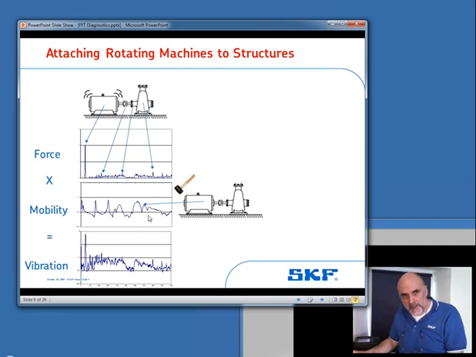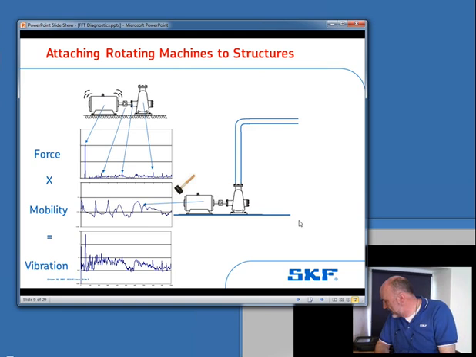We then have this thing called mobility, which usually comes from the parts I've explained, fan guards. If you're on a ship or an oil platform or up on a mezzanine floor, your machine might be mounted on thin plate steel. Or the classic example that we're going to illustrate is pipework vibration.